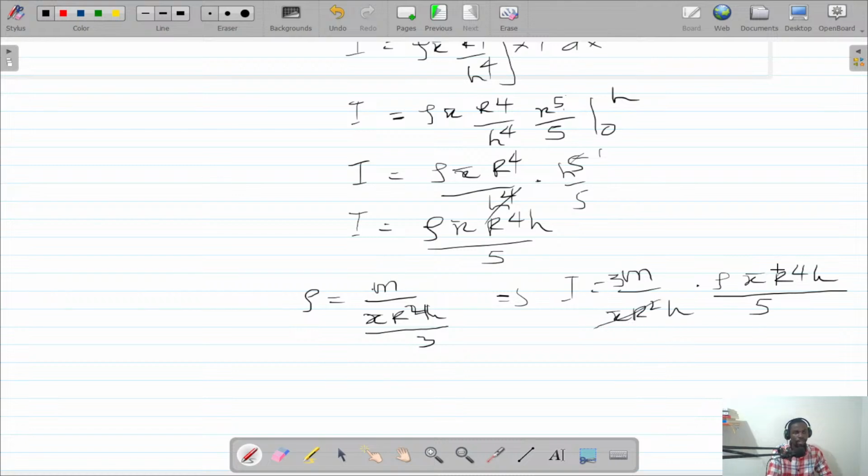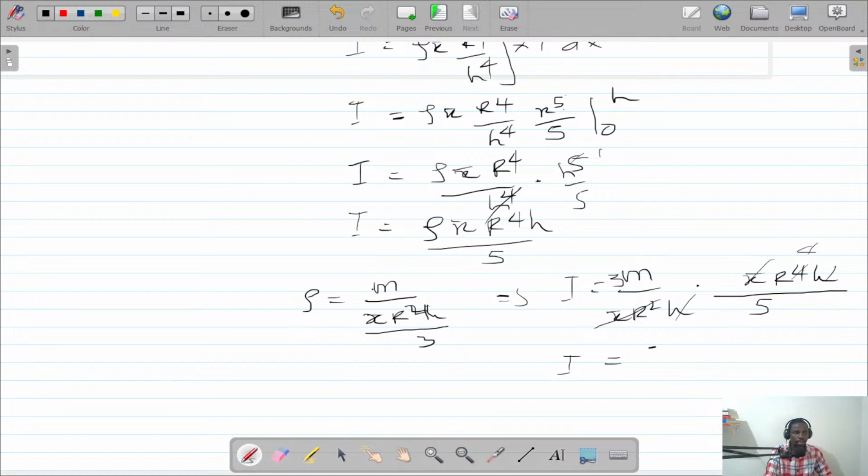So pi r squared cancels, h cancels h. Sorry, the rho is what we found here substituted, so this rho shouldn't come.